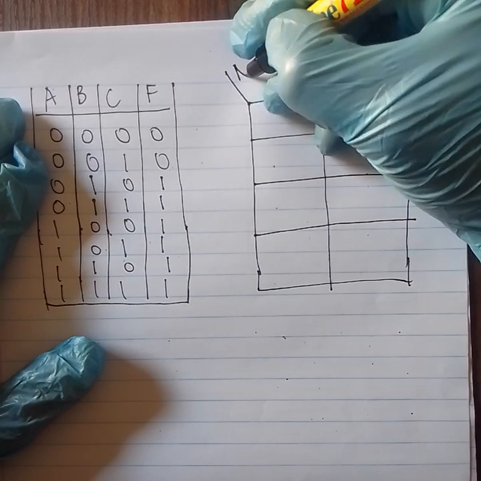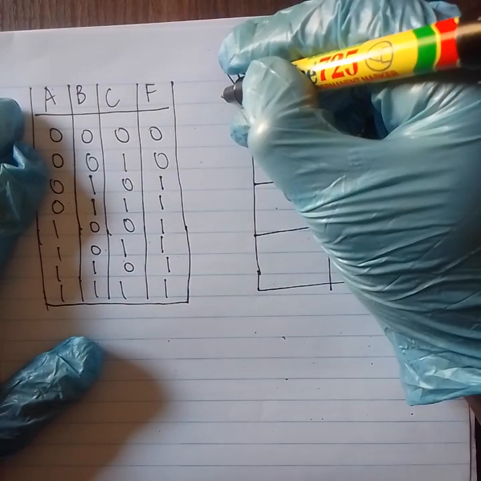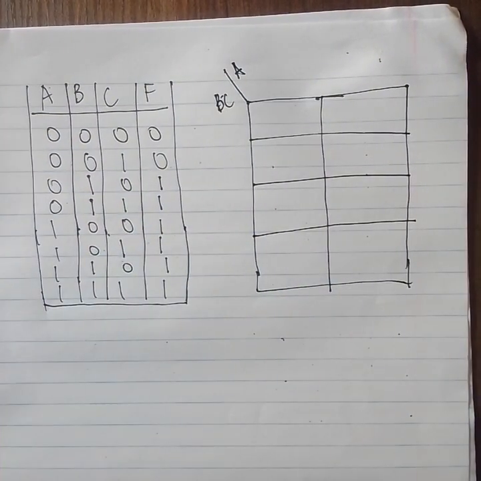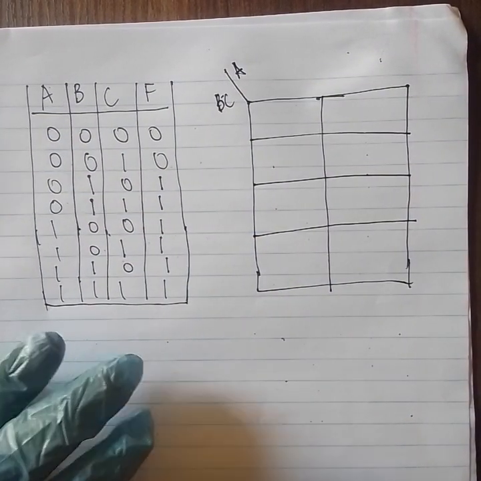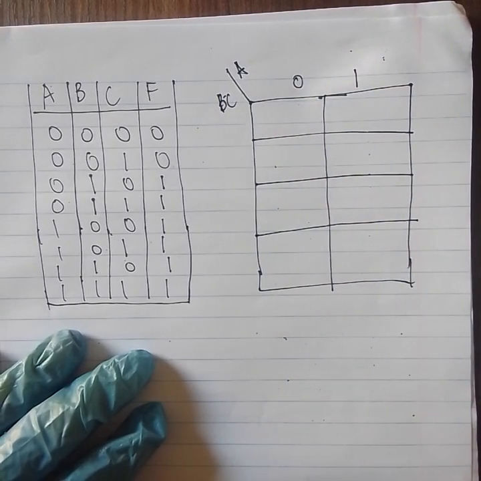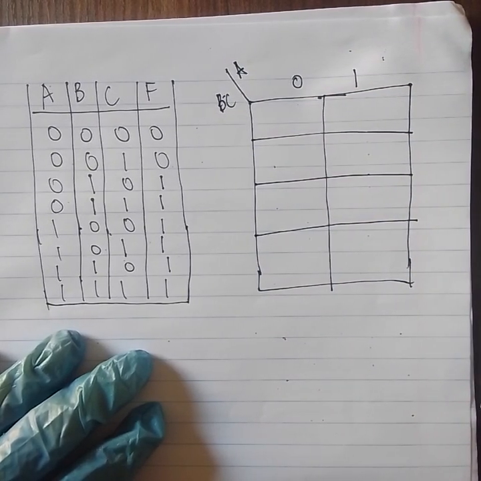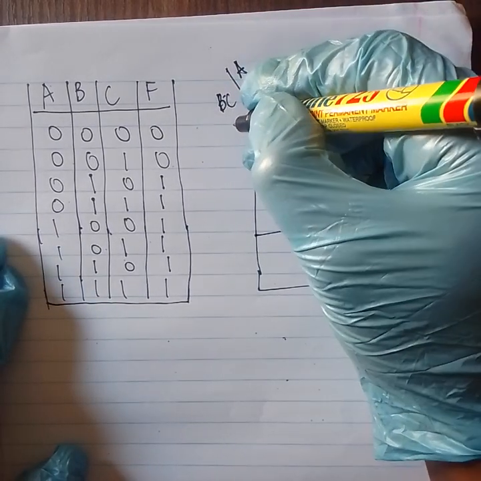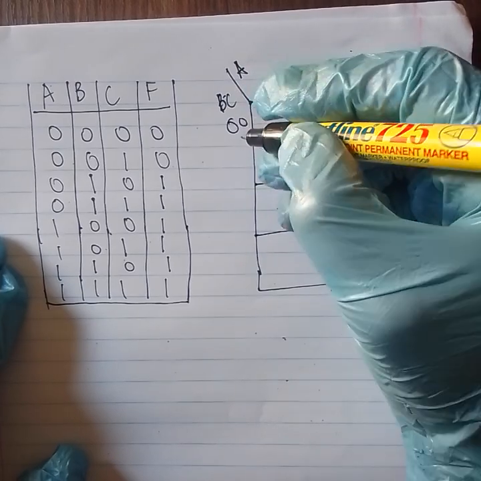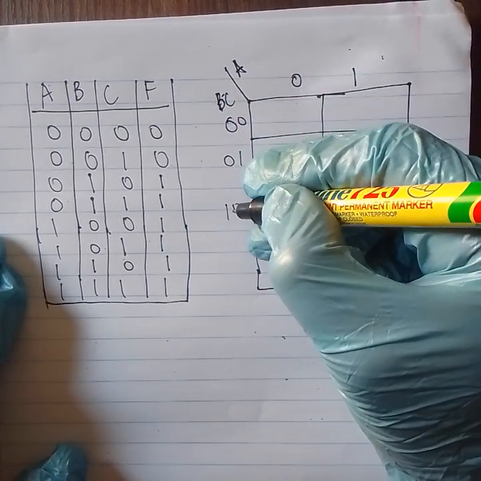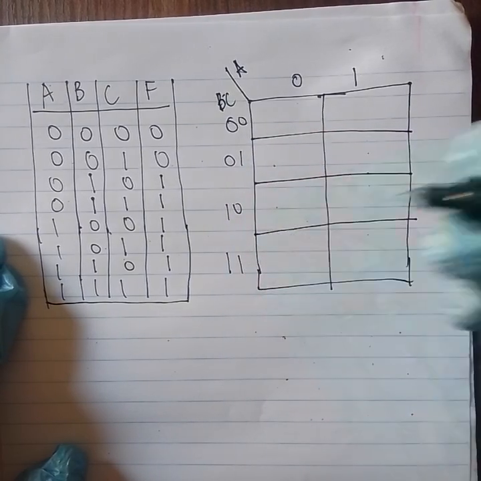We'll have A this side and the combination of B and C this side. The possible input values of A, we write on top, 0 and 1. And the possible input values of B and C, we write as row labels. We have 0, 0, we have 0, 1, we have 1, 0, we have 1, 1.